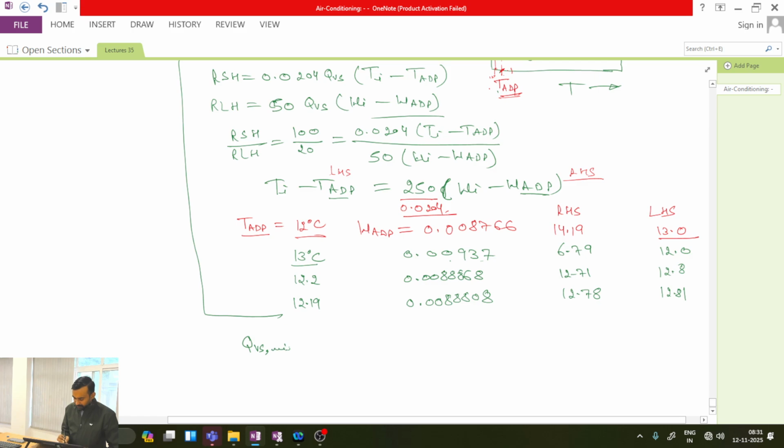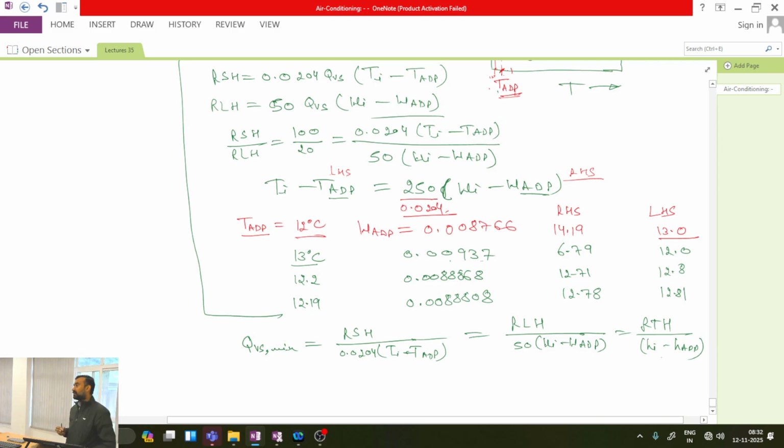So it means that Q_VS minimum can be simply written as RSH upon 0.0204 (T_I minus T_ADP), or RLH upon 50 (W_I minus W_ADP), or RTH upon (H_I minus H_ADP), but along with 1.2, which is density.